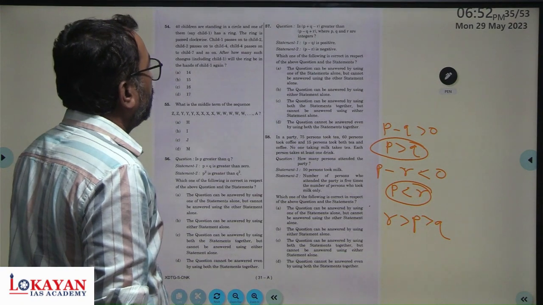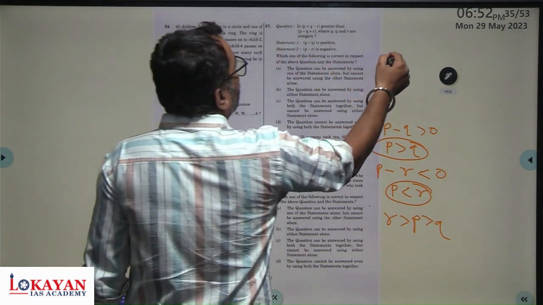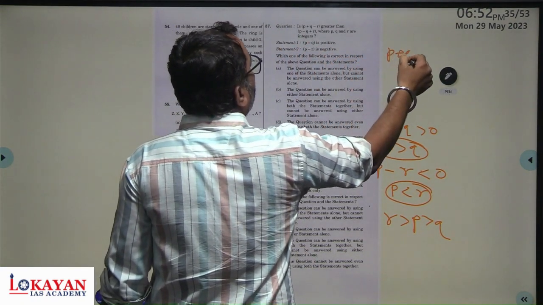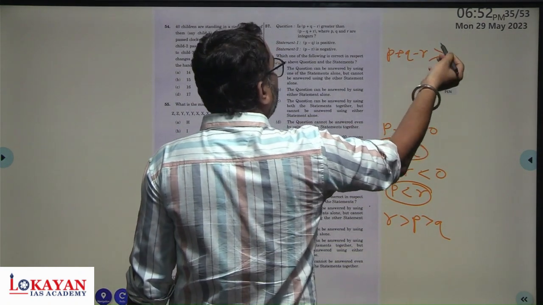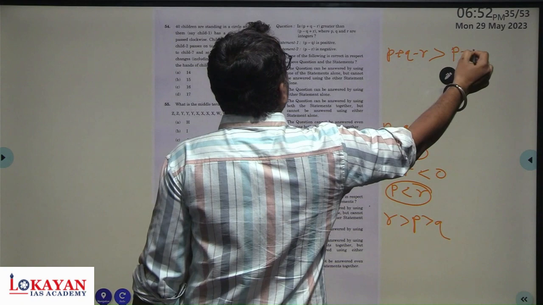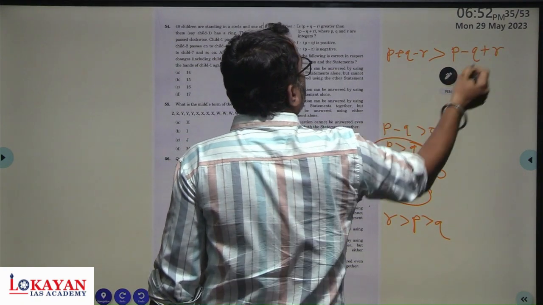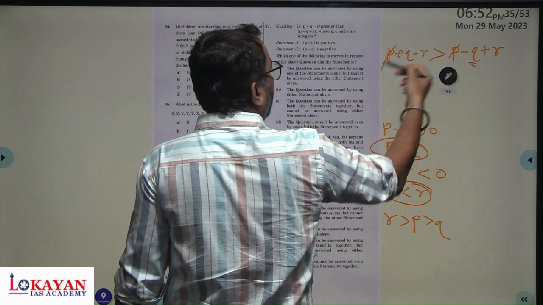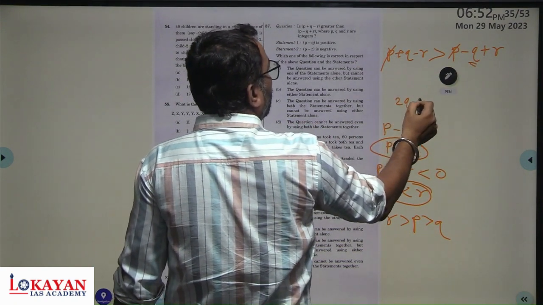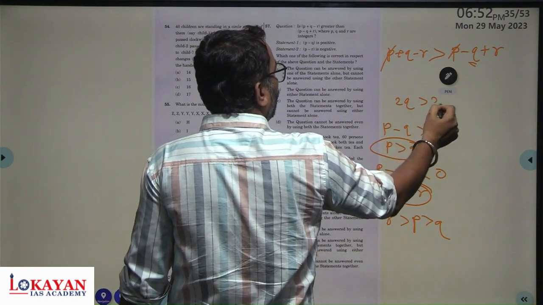Right? Now let's check the question. Let's check P plus Q minus R, whether it is greater than P minus Q plus R. See, P gets cancelled. Minus Q on this side comes to the left side, so it will be 2Q, is greater than R, and on the other side it will be 2R.